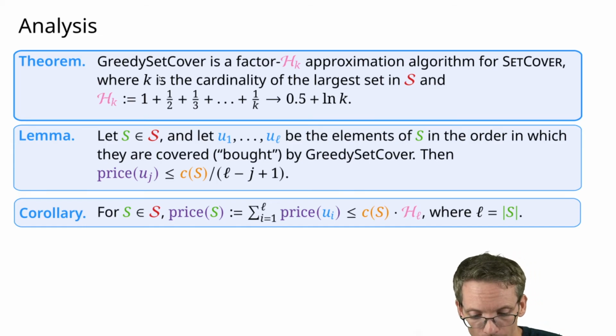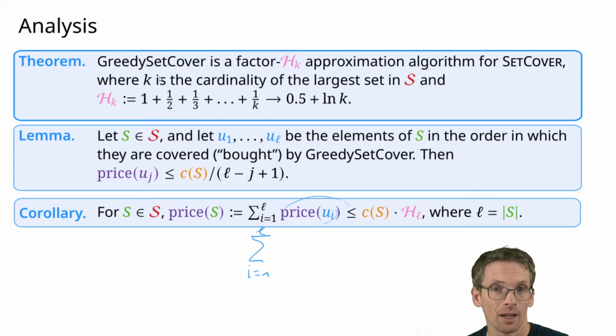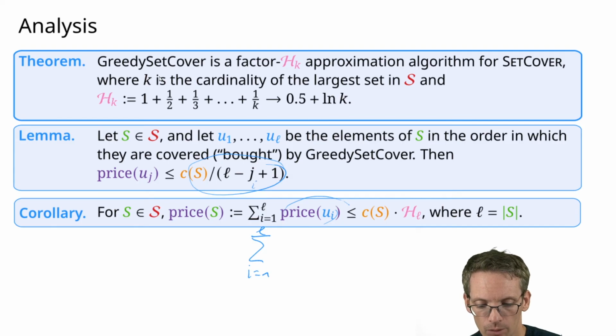So let me just write this sum again. We have the sum i goes from 1 to L. The price of ui I can bound by this here: cost of S divided by L minus i plus 1.